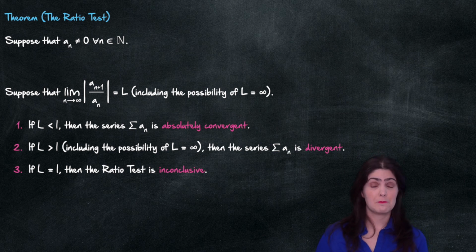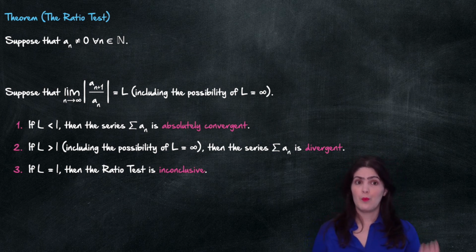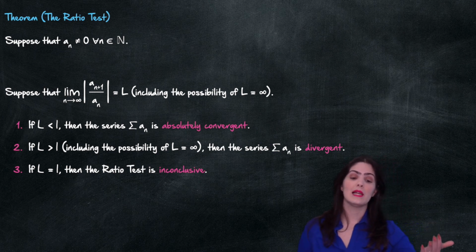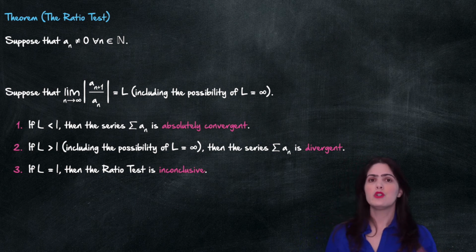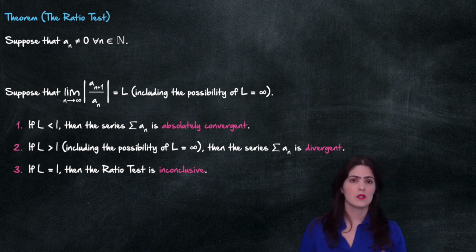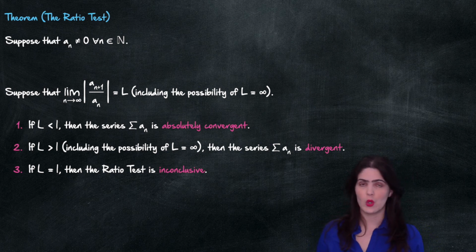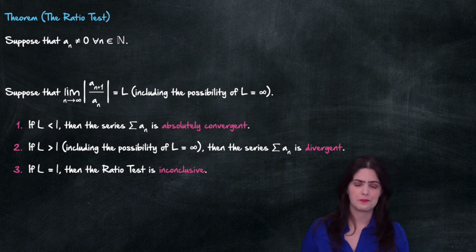So, to prove it, we have to look at the cases when L is less than 1, when L is bigger than 1, and then we're going to see that when L equals 1, we could have both cases, that the series could be divergent or convergent, so we cannot draw any conclusion.